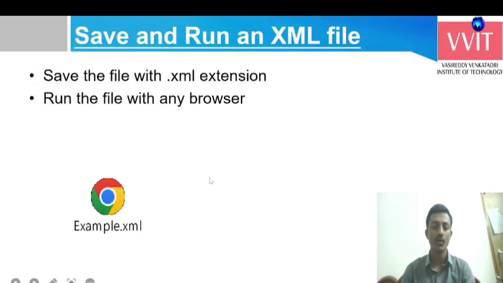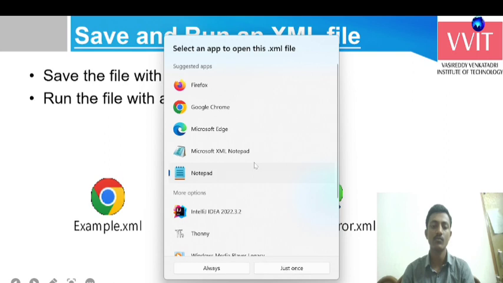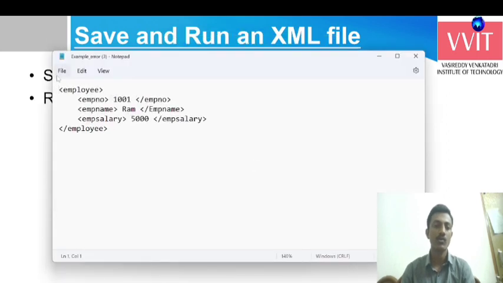Now let us see an example of code which is having an error. Here I am giving the employee name, and the starting letter of the employee name is capital E, which is not correct.